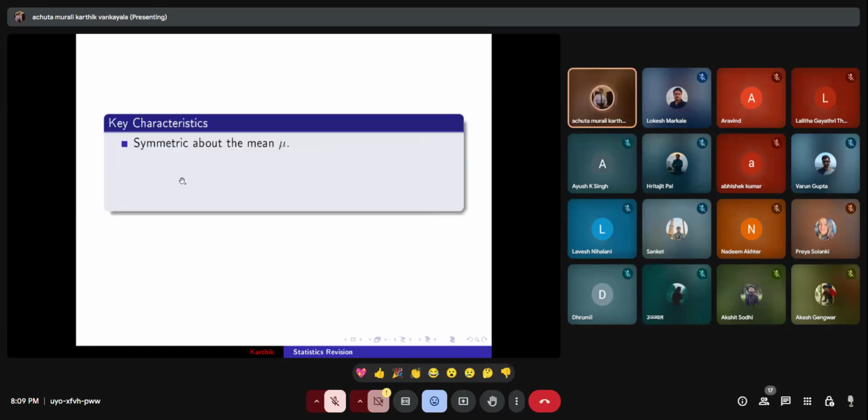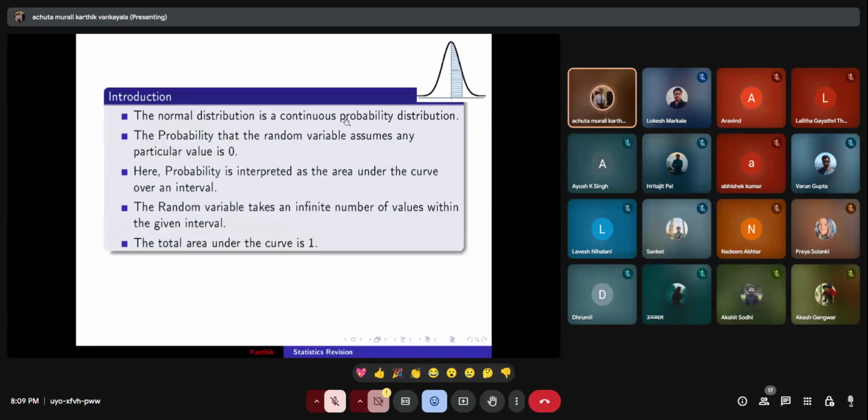Some key characteristics of this distribution: it is symmetric about the mean. This line that you see here is the mean, and the curve is symmetric about it. This line is also the median, and also the mode.